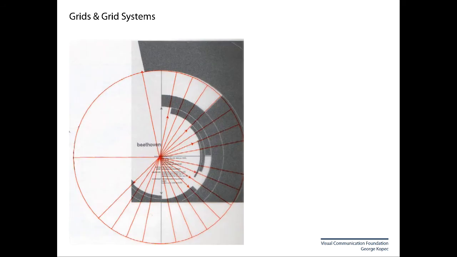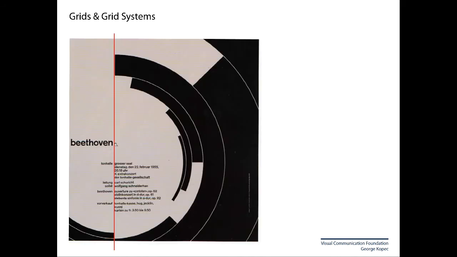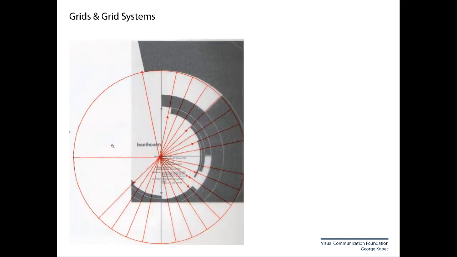And here's another part of this grid system that he had, where the center of all those circular elements are coming off just under the name of Beethoven. The center is right here, and so he composed the rest of the composition that way.